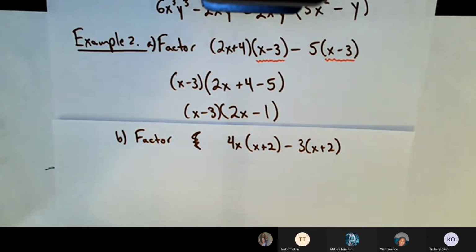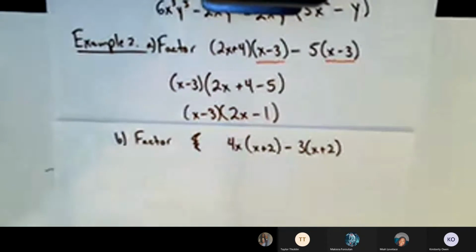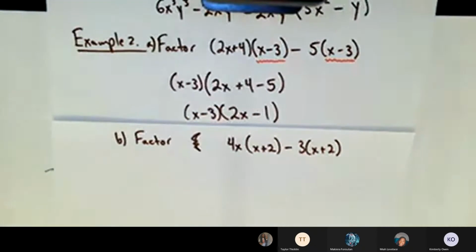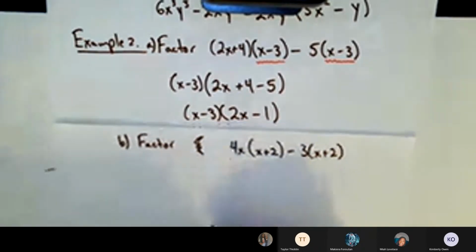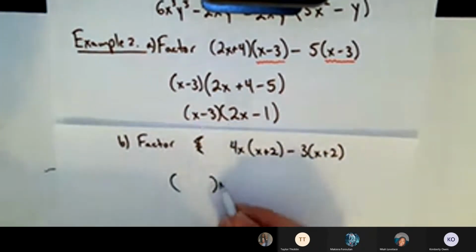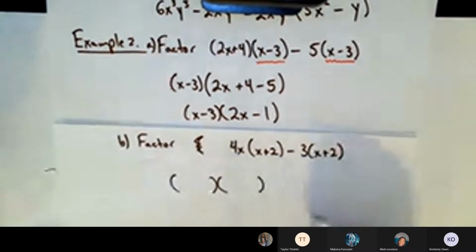I'll give you a second to try it, and then I'll call on somebody to try to answer it. Okay, so we know that it's going to turn into a product with something in parentheses and then something else in parentheses like that.